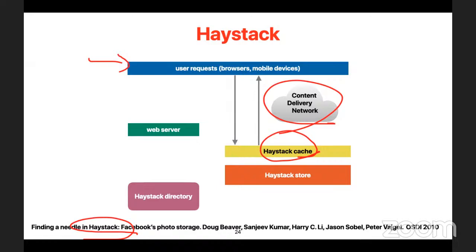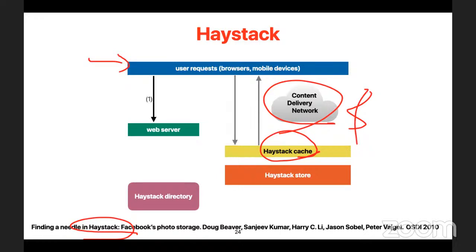And the Haystack cache is caching the metadata, or some information about what's in the content delivery network. Where can you get it? You can consider this part as a big cache. If something cannot be found in the cache, it will go to the Haystack store.